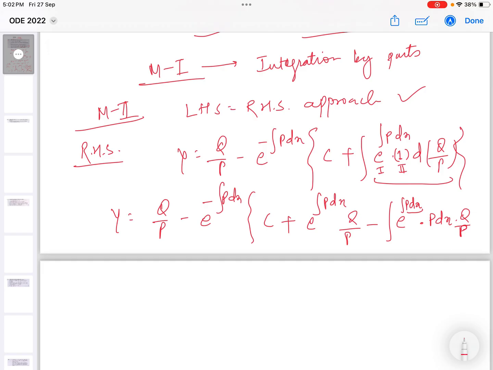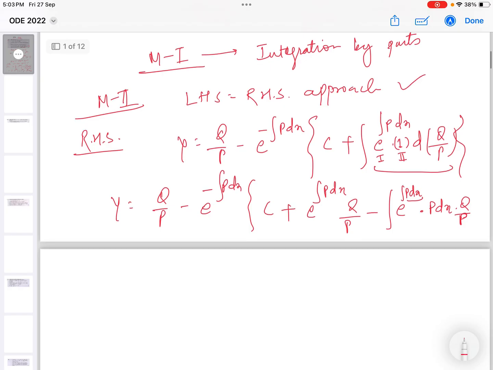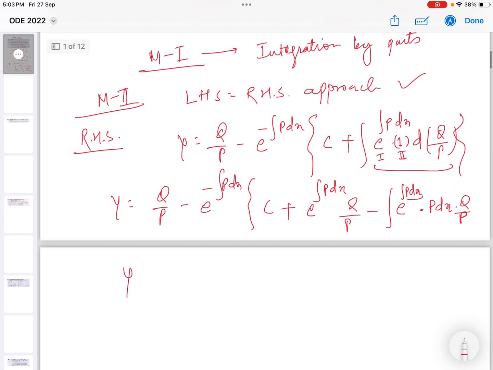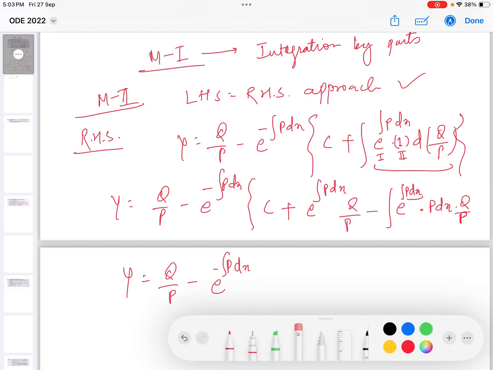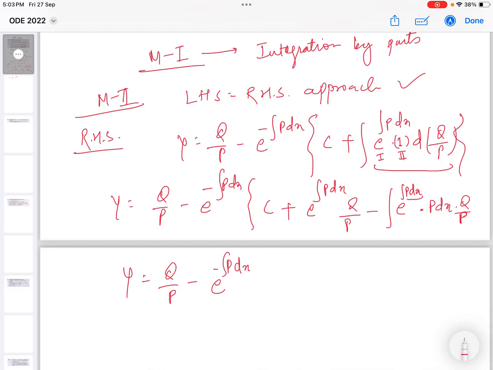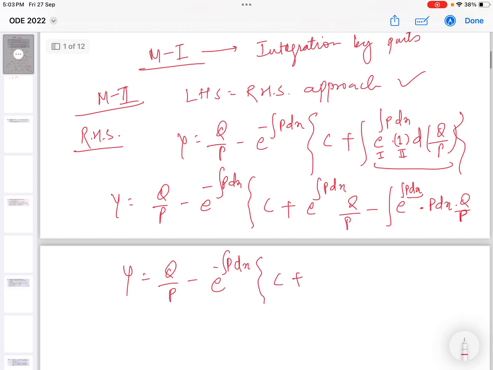I think we are all done and on the right track. Yeah, let's see, if something erroneous comes in the way, we'll be tackling that. So q by p e raised to the power minus p dx, sorry, c e raised to the power p dx, q by p.